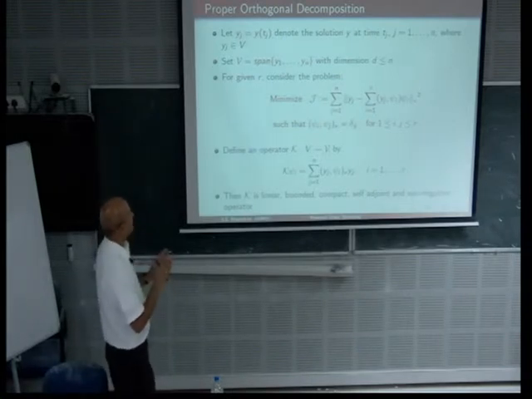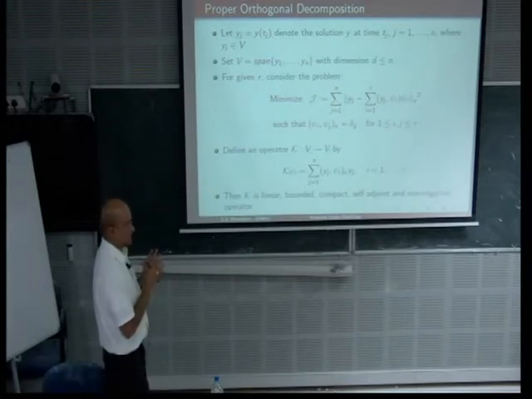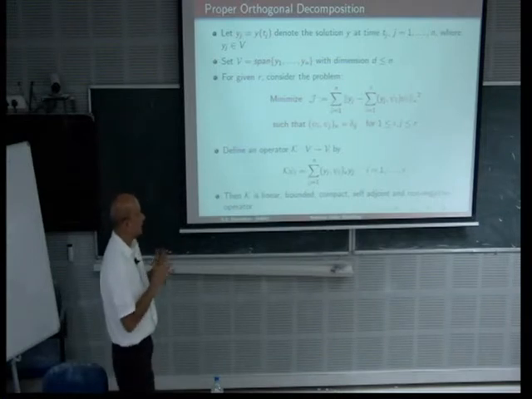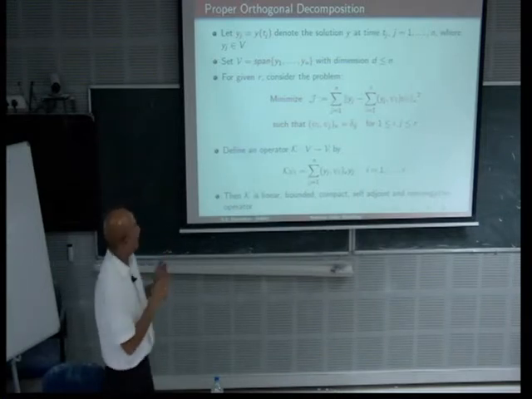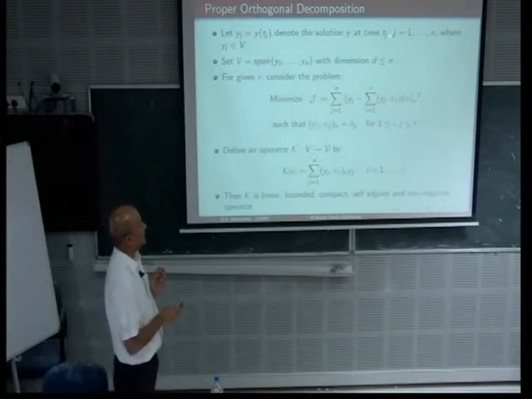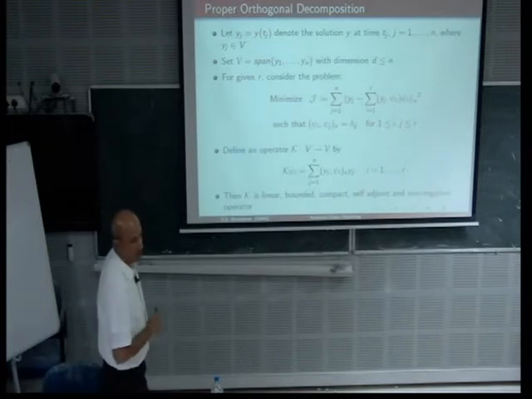Here I'm going to view this POD construction slightly differently, so that I can get an idea of how the error is introduced. I'm going to assume y_j denotes the solution y at different time instances t_j. So this is basically a snapshot in time.